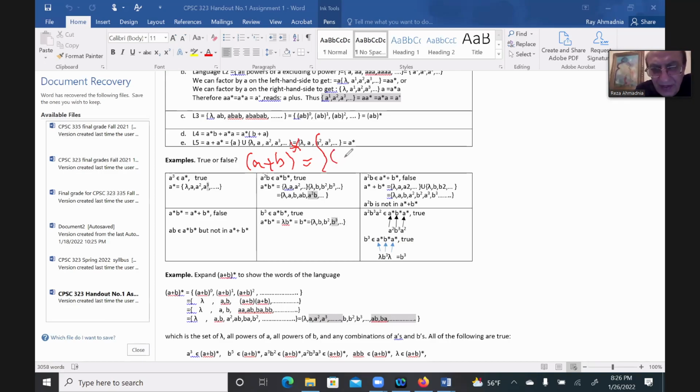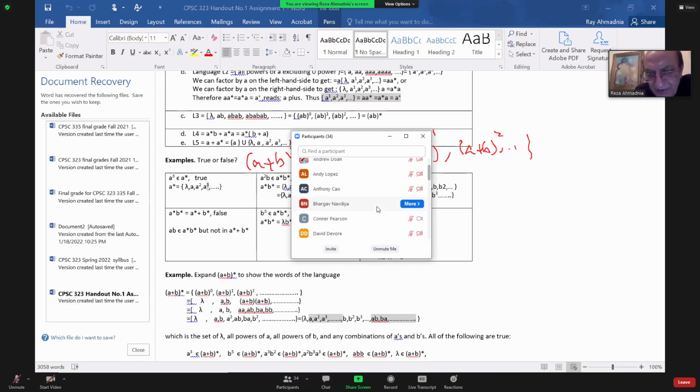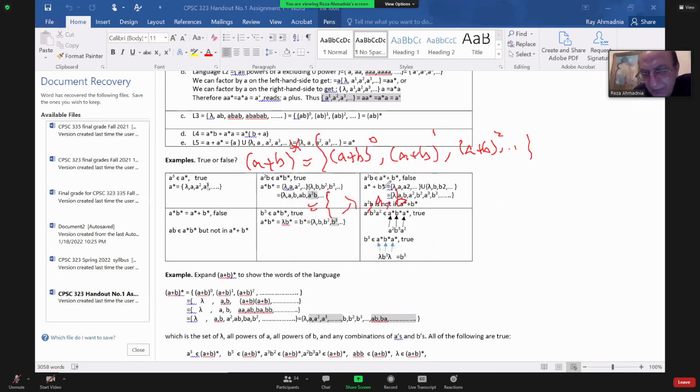This is A or B to 0 power, A or B to first power, and then A or B to second power, and so on. Correct? Okay, perfect. A or B to 0 power is lambda. A or B to first power is either A or B.